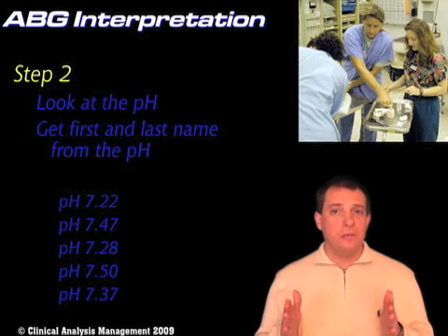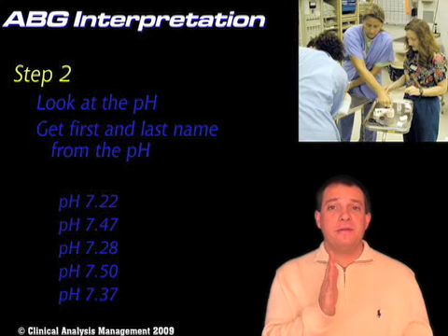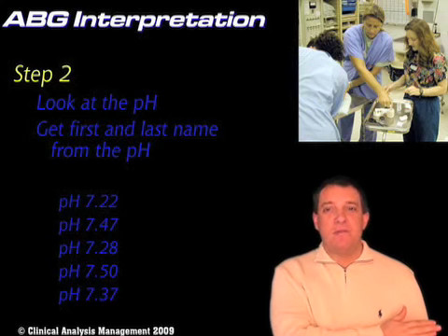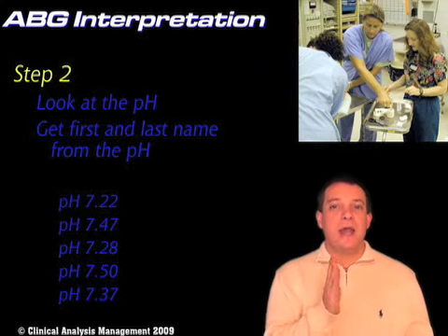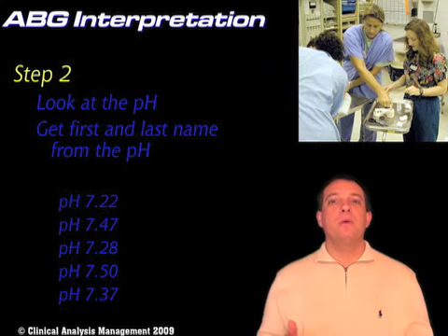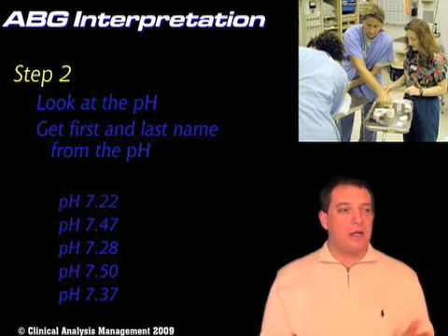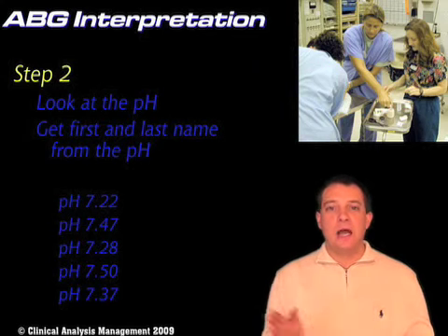What's right in the middle? 7.4, right? So if the pH is less than 7.4, then it is acidotic. If the pH is greater than 7.4, it's alkalotic. It's that simple.